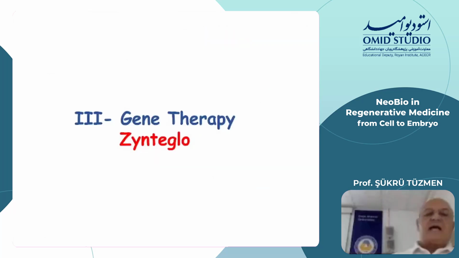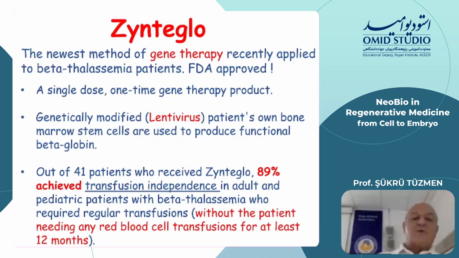So this was that. And last but not least, the Zynteglo gene therapy. This was a lentivirus-related clone from the patient's own stem cells. They created a corrected version of the mutated beta globin gene, and then they gave it back to the patient.